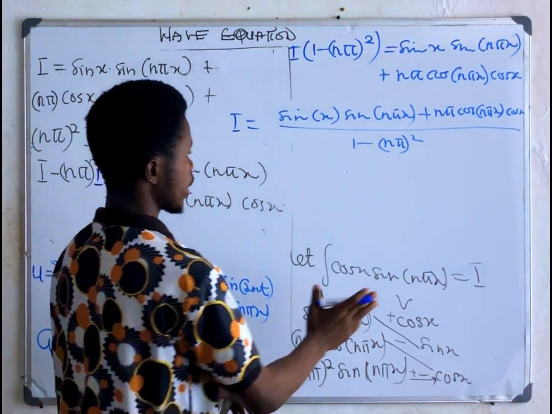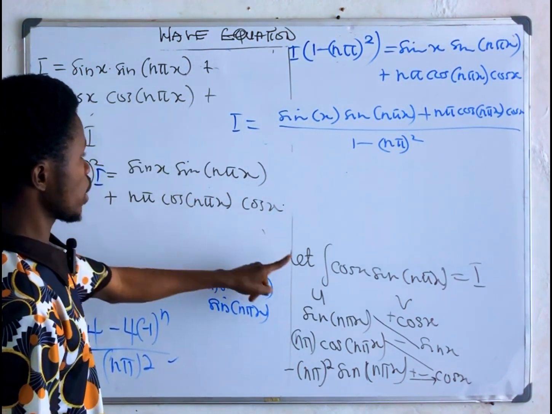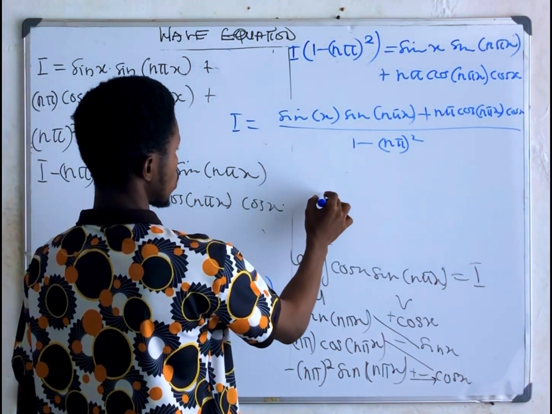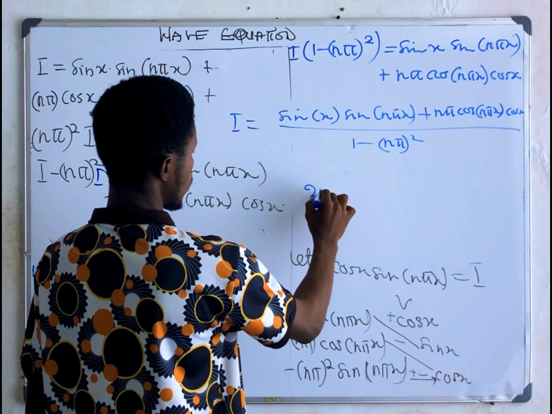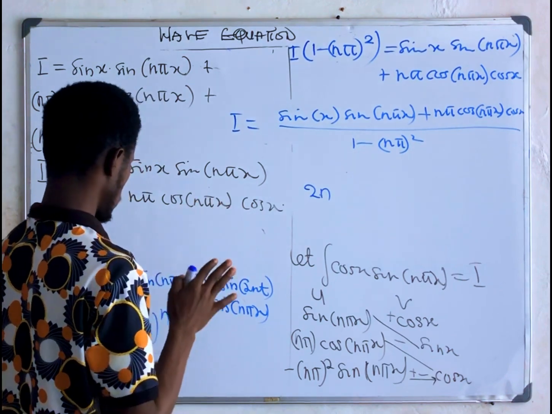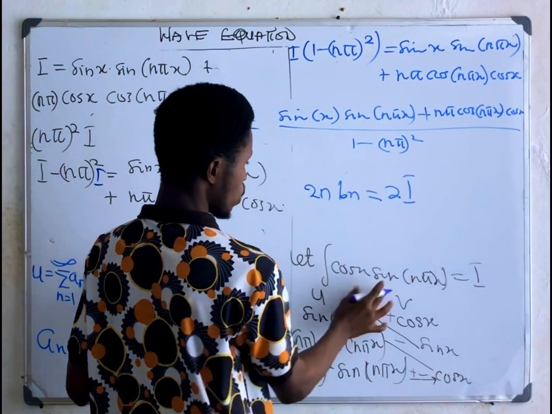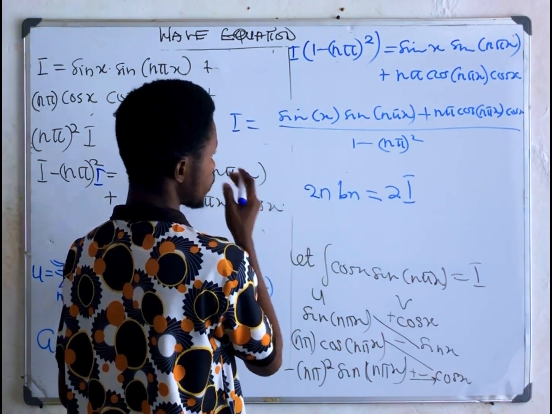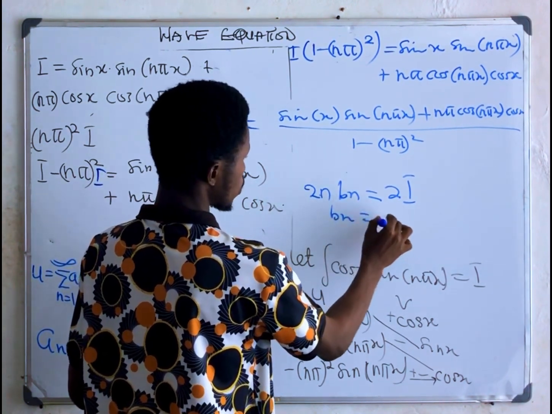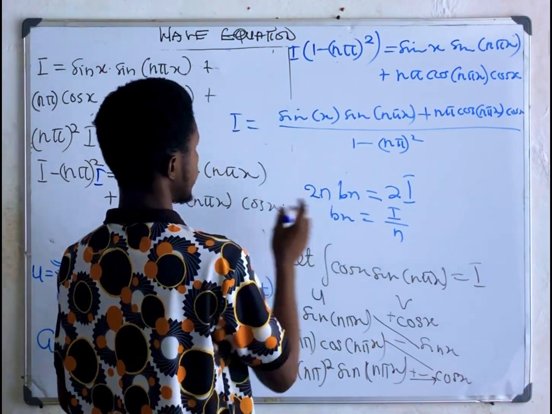If I is that, what are we going to do? Already, there was 2 multiplying by this. If you have forgotten, it was 2n bn is equals to 2 multiplying by the whole of this. This is how it was. So here, if I divide 2 by 2n, I'm going to have bn equals I over n, like this.